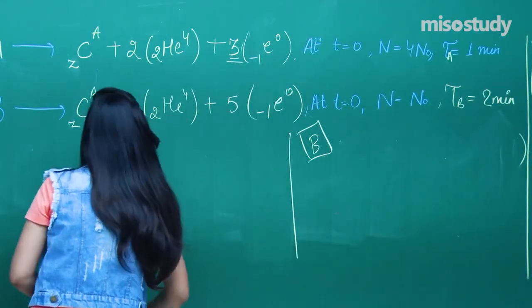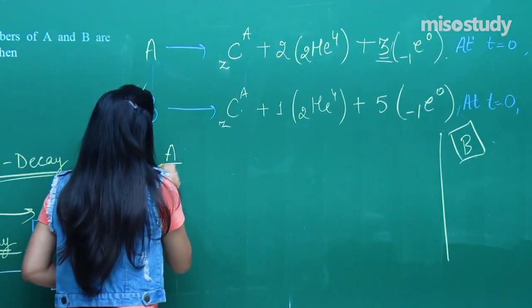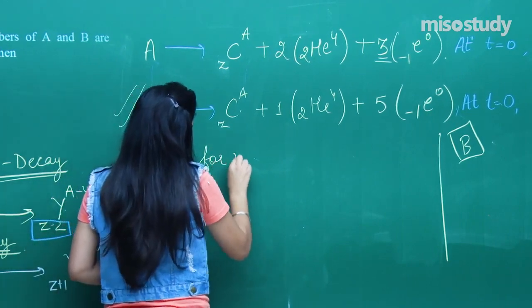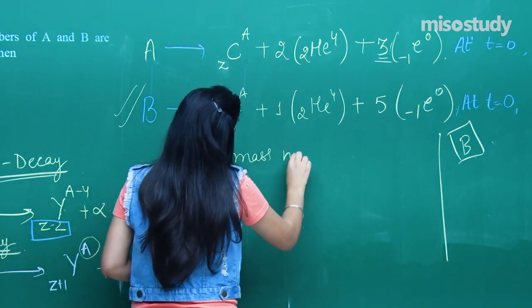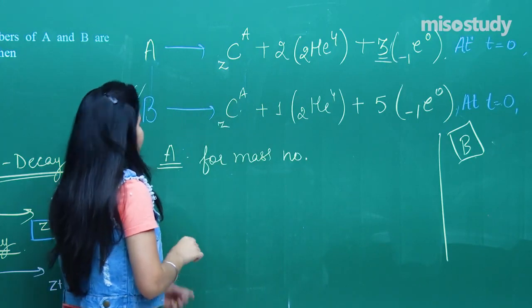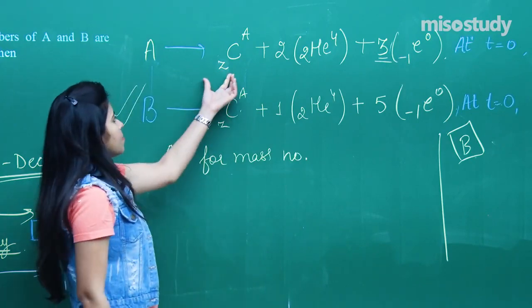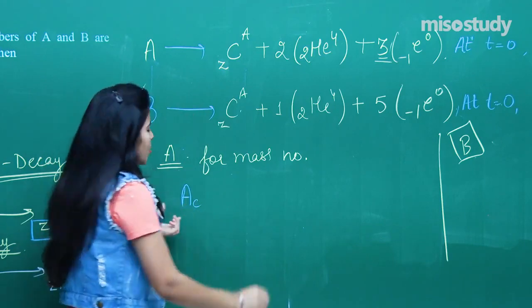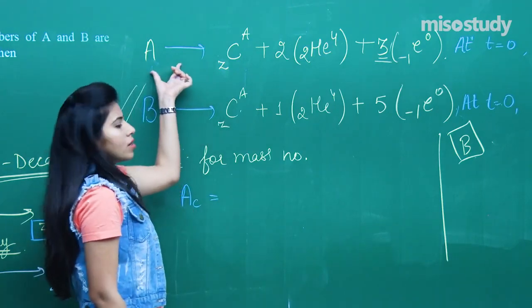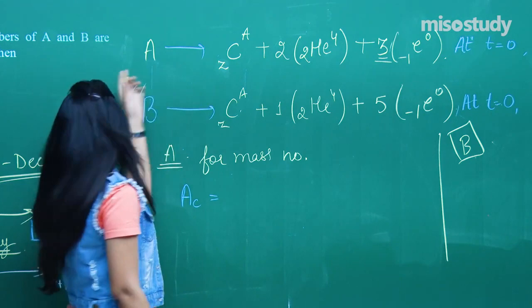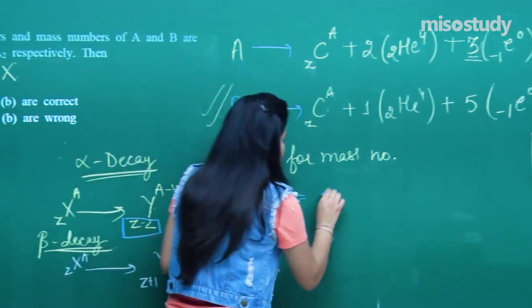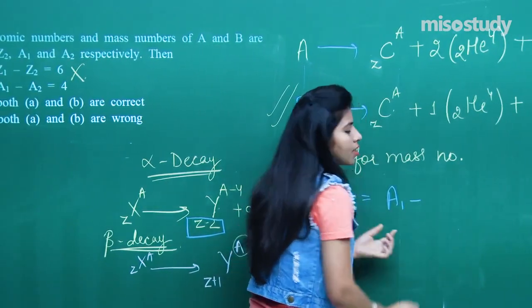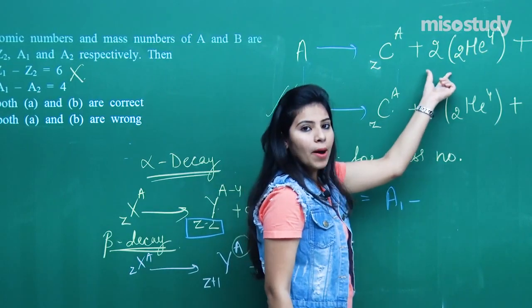Okay, so we are considering the case of A for the mass number. Now you can see here the mass number of C, AC, will be what? The mass number of A, that means A1. So A1 minus, you are having 2 alpha particles.